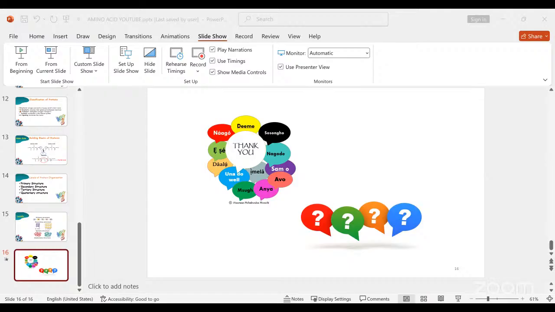Okay, somebody said I should explain the tertiary level. The tertiary level is where you have more than one secondary structure.